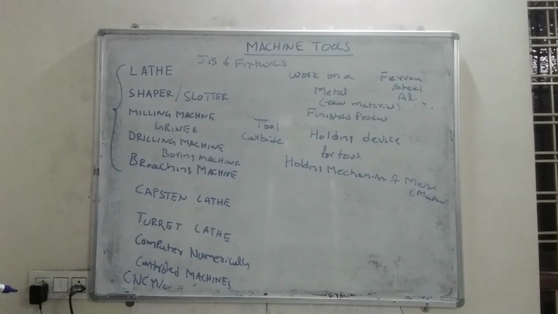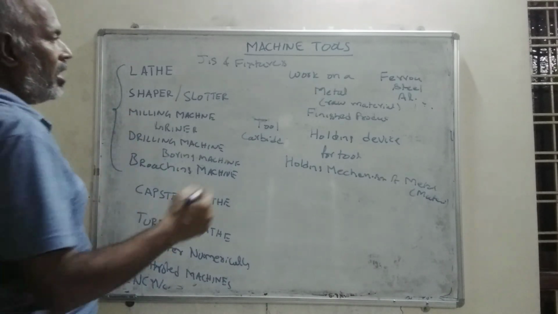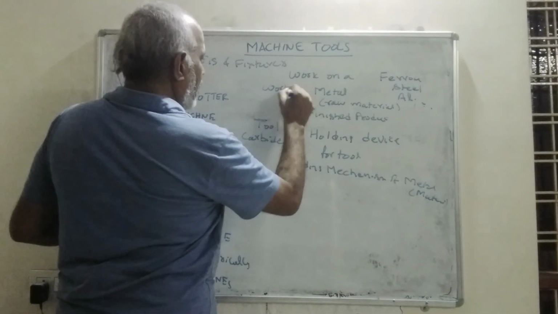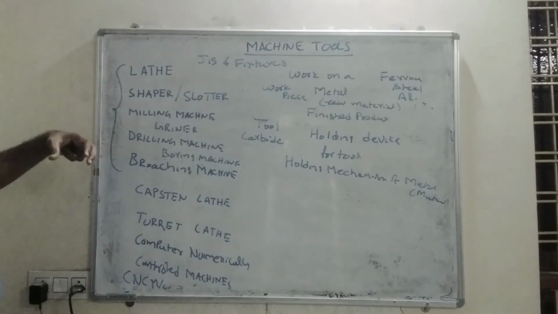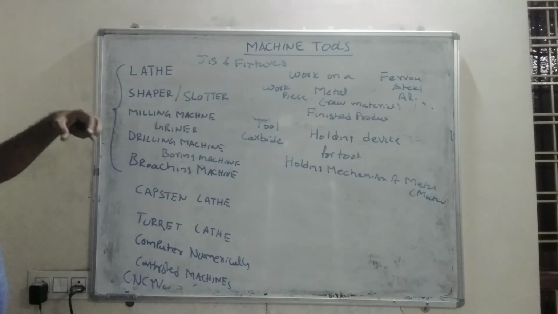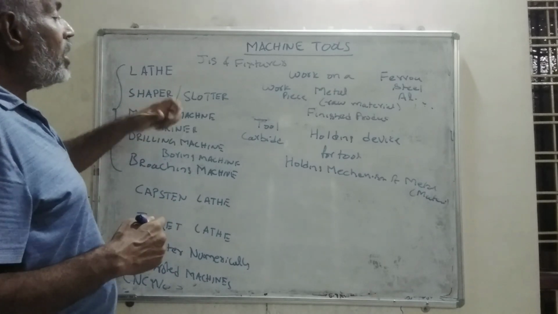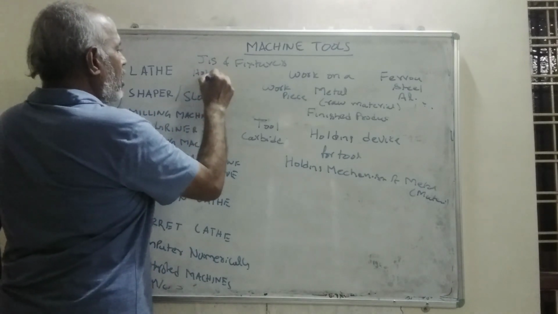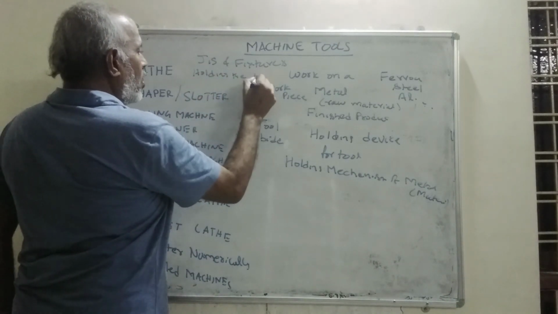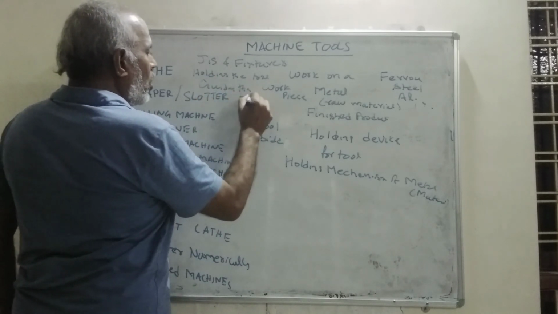Jig is a holding device which is holding the raw material, or this is called workpiece. Jig is a holder which is holding the tool and guiding the tool to remove the material.